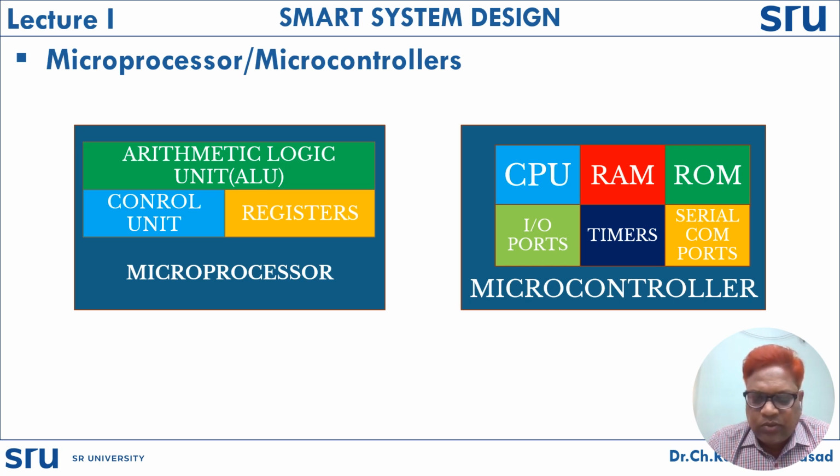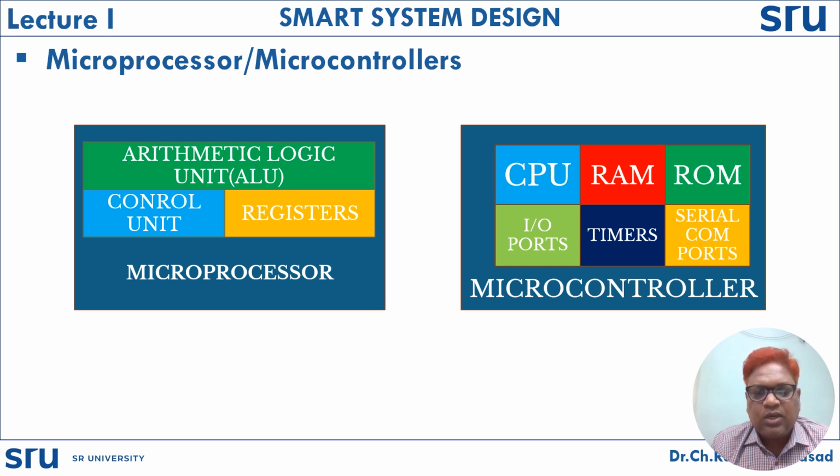So from this I conclude that a smart system basically has four elements: sensors, a processor, an actuator, and a plant. This smart system is normally installed in a plant or a body. On this, some sensors are available. With the help of those sensors, it captures information and sends it to the processor or controller.